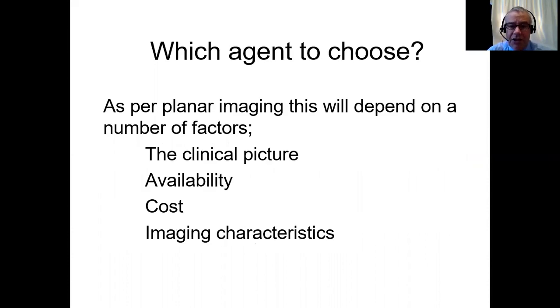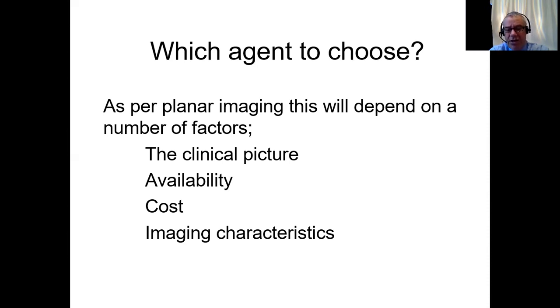Now, which are the agents to use? And that really depends on several factors: the clinical picture. So, for example, in the spine, labeled white cells don't work very well, but most other places they work well. But I think the biggest issue is availability. What is available in your center for this kind of imaging?